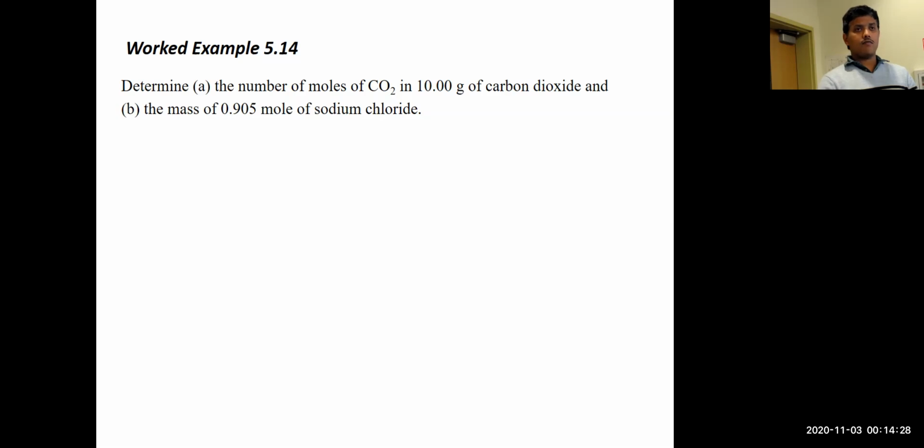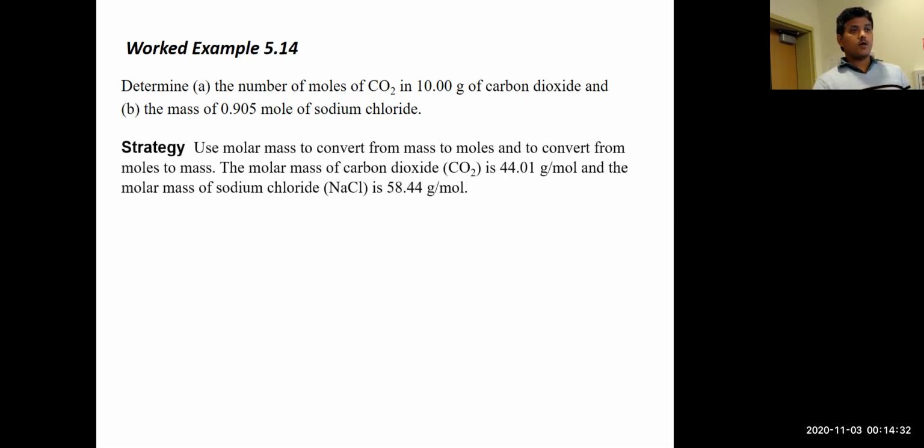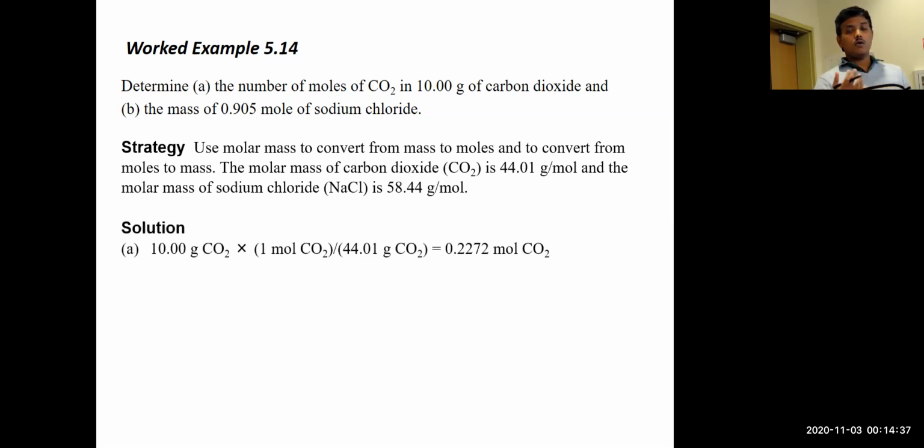You're going to multiply with the molar mass conversion factor to end up with how many moles are present. Molar mass of CO2 is 44. So you would have it in the denominator, so you can cancel the units of grams. So 0.2278 moles of CO2. I still have 4 significant figures because the given data has 4 significant figures.